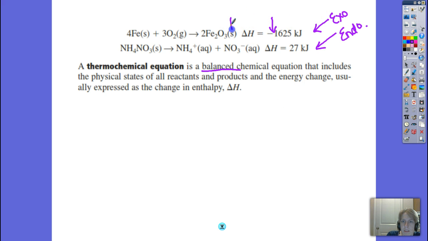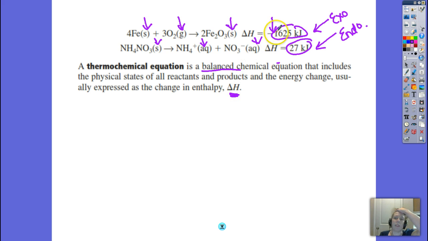So this is a physical state, this is gas, solid, all of these are physical states. So it has the physical states of all reactants and products, and the energy change, this is the energy change, usually expressed as change in enthalpy, which we know is delta H.